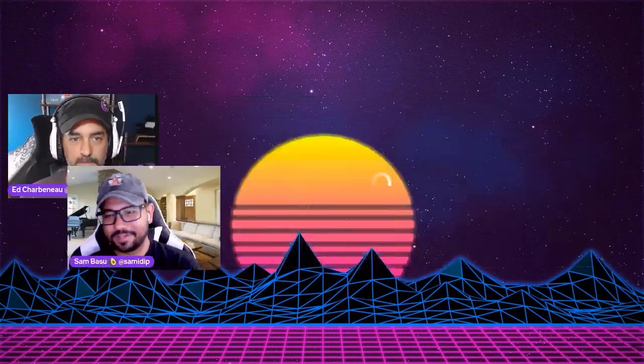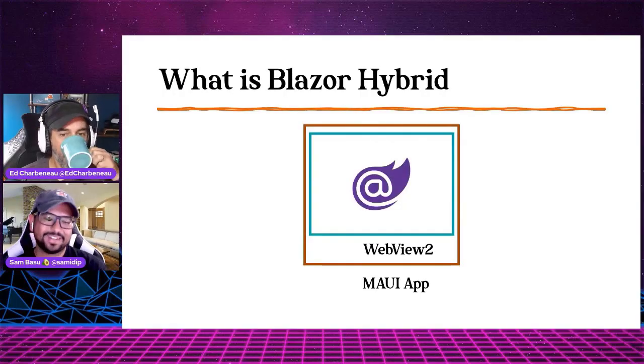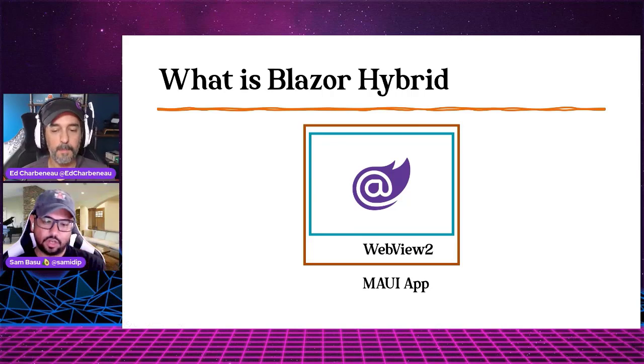Now, it says it's Blazor WebView, but it actually doesn't have anything to do with Blazor. It is a smart wrapper, and its job is to figure out what platform you are running this on. Are you on Windows? Are you on Mac? Are you on iOS or Android? And correspondingly, look for the OS browser that is installed, any evergreen browser that's installed on your OS, and give you the corresponding web view.